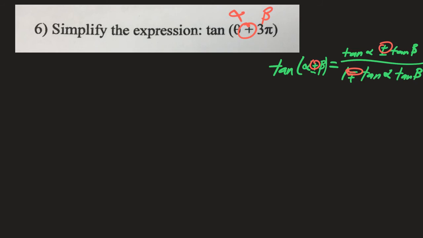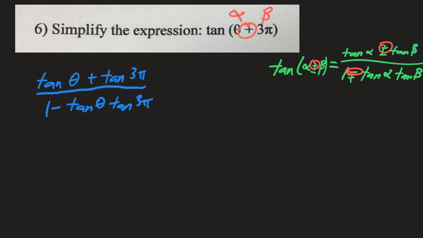Let's go ahead and plug these in and see what we get. If we plugged everything in the right place, we should get tangent theta plus tangent 3 pi over 1 minus tangent theta times tangent 3 pi. Let's try to simplify this down. The value I'm looking for is tangent 3 pi, and I'm going to find that on the unit circle.